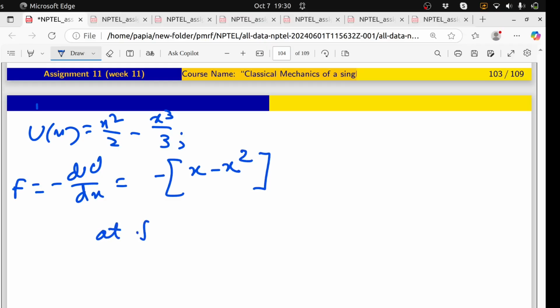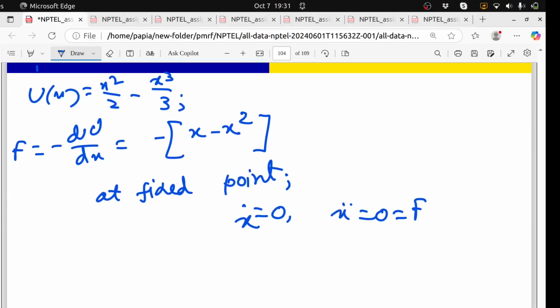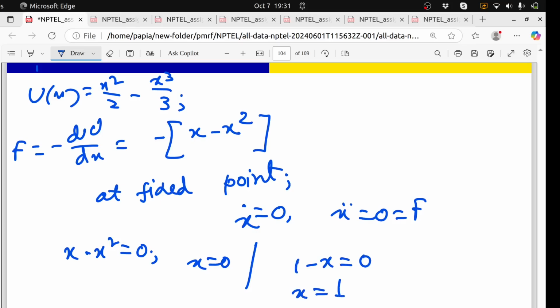So at a fixed point, x dot equals 0, x double dot equals 0, which is F. So x minus x squared is 0, x(1 minus x) equals 0, x equals 0, x equals 1.